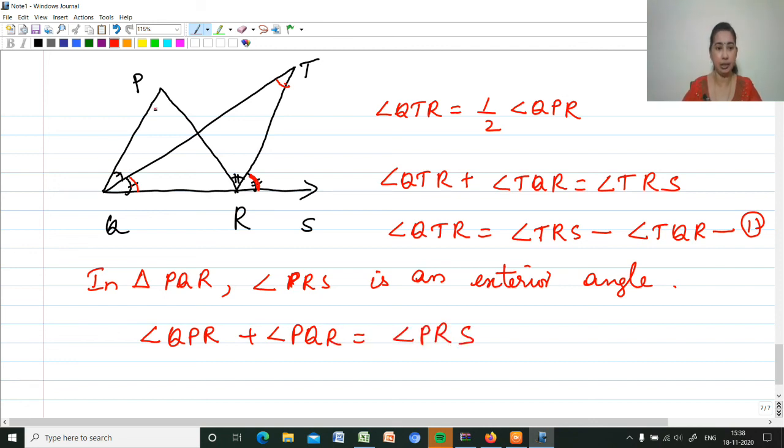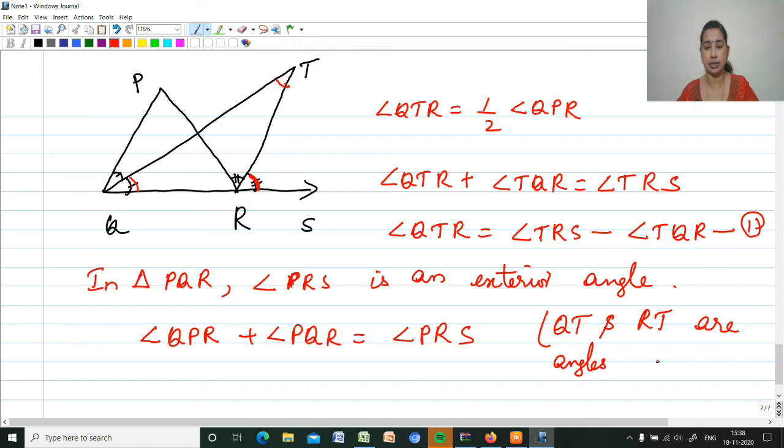That is, angle QPR, this angle, plus angle PQR is equal to angle PRS. We are given that QT and RT are the angle bisectors of angle PQR and angle PRS.